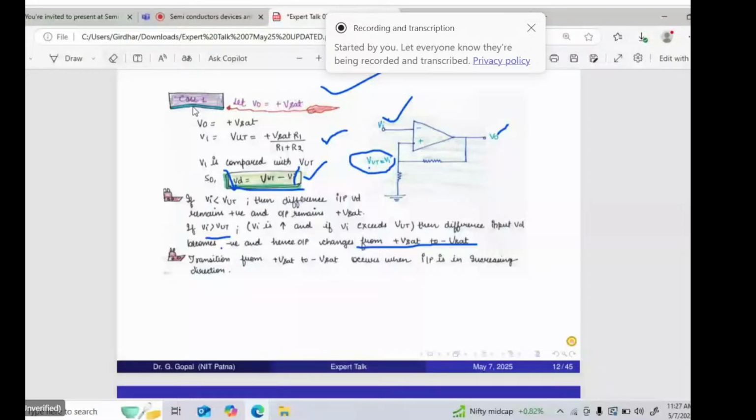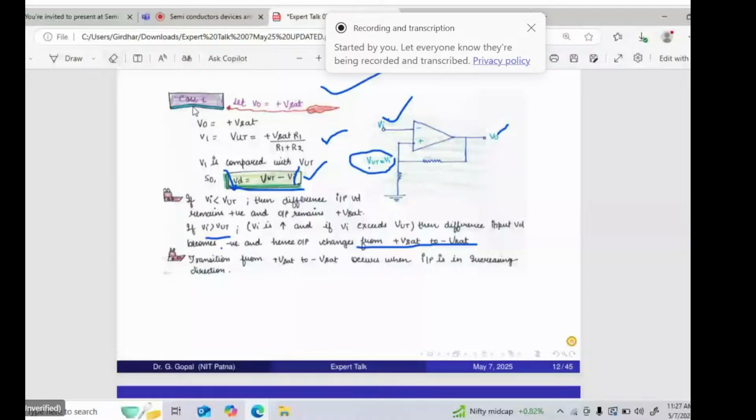Here, if Vi is less than Vut, then Vd is positive, so the output is plus V sat. Now if somehow Vi becomes greater than Vut, then Vd will become negative.